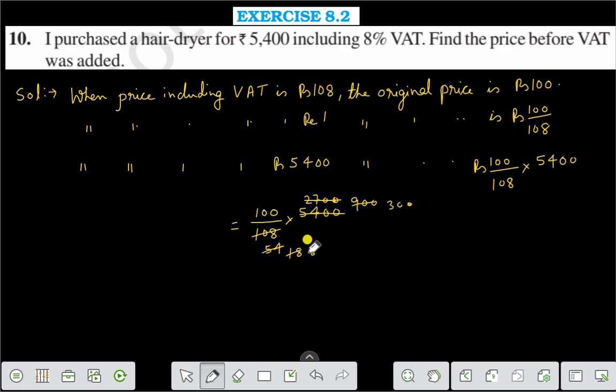Then 6 1 is 6, 6 5 is 30, it is 0. Therefore, we are getting rupees 5 and 3 zeros, 1 2 3, right?